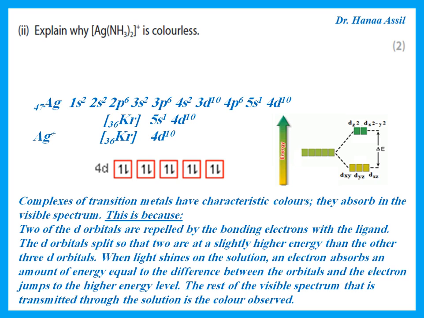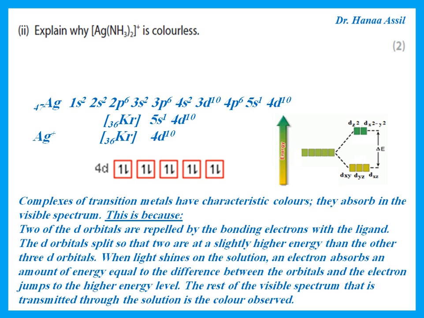So when light shines on the solution, if we have incomplete d orbitals, then an electron absorbs an amount of energy equal to the difference between the orbitals, and the electron jumps to the higher energy level. The rest of the visible spectrum that is transmitted through the solution is the color observed.